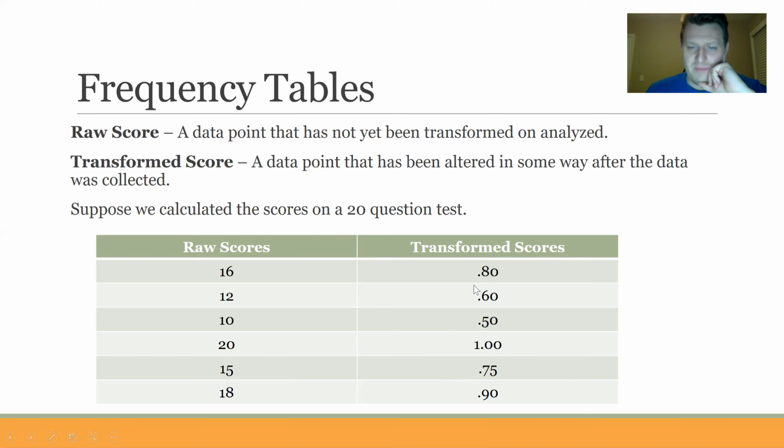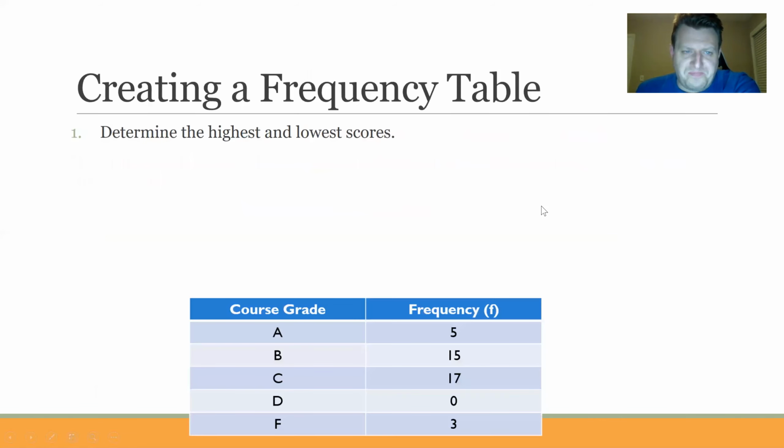So if I convert this person's score, a 16, to a 0.80, I can multiply this by 100, and that person got 80% of the questions right on that test. Seems kind of self-explanatory, but I just want to make sure that we're all on the same page here, because in the not too distant future, we're going to be converting proportions and percentages with one another. So it's important to note that right now.